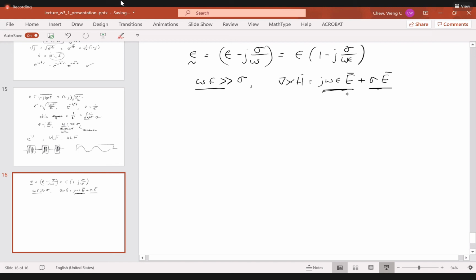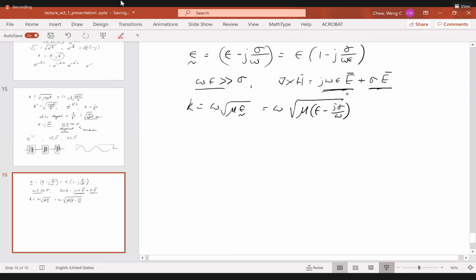you can make approximations. You've assumed that k is still given by this formula. This formula is still true because mathematically it's still valid. The algebra is still the same, except that now you will have to replace this with j sigma over omega.